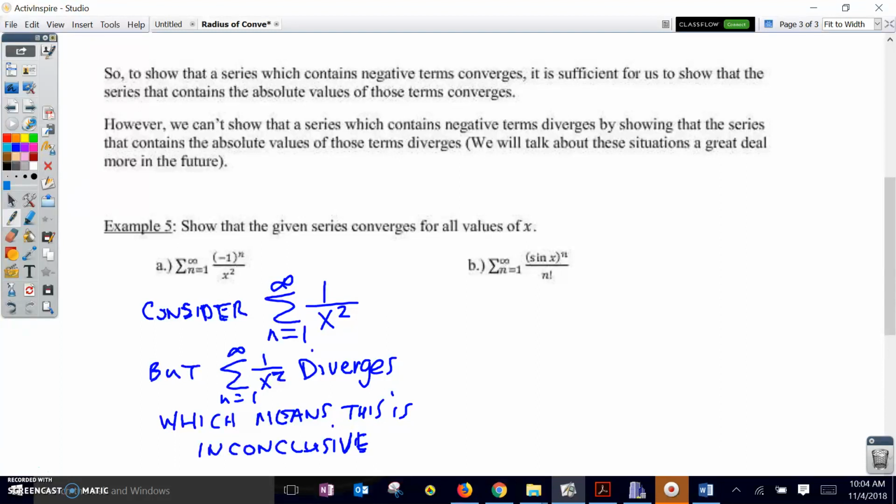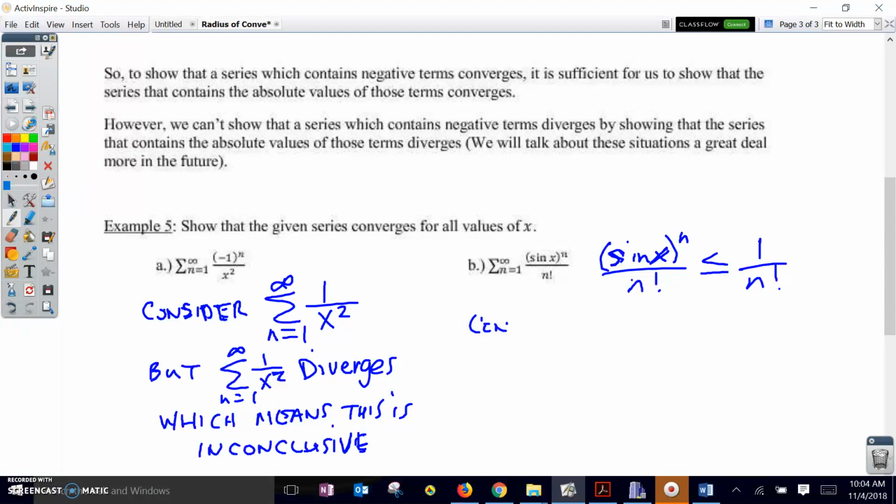Alright, let's look at B. I'm going to compare this to, now because sine goes between -1 and 1, the quantity sine of x to the n over n factorial is always less than or equal to 1 over n factorial.